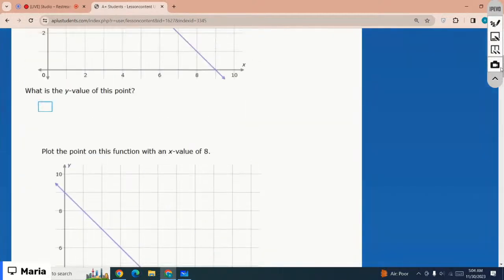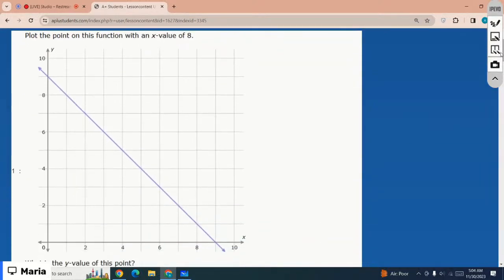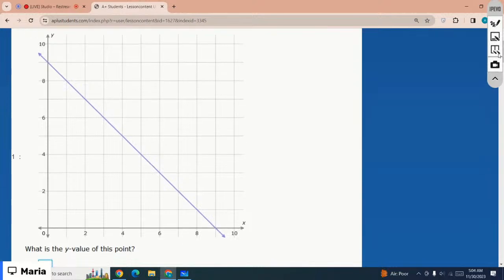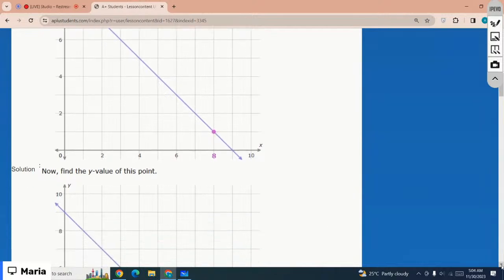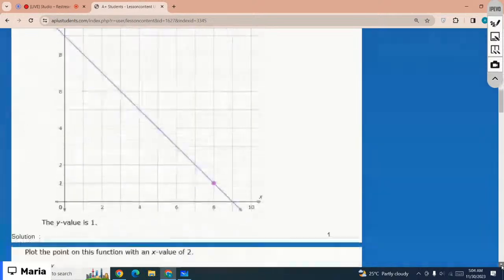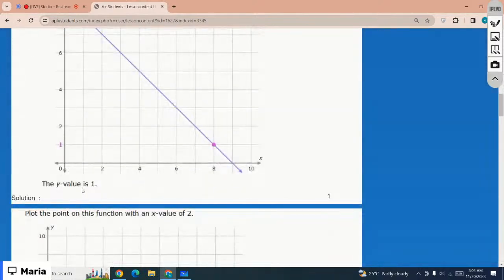So here you are given the graph, and here is the x value 8. So here is the point on the line. You need to match it to the y-axis. The y value of this point is 1, right?